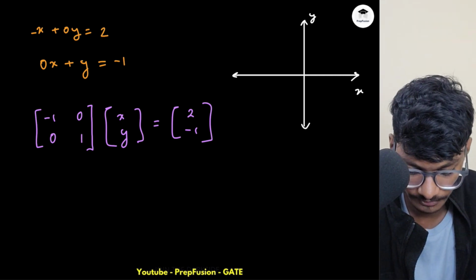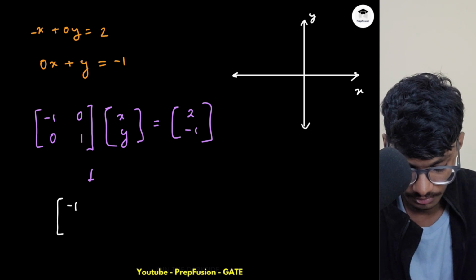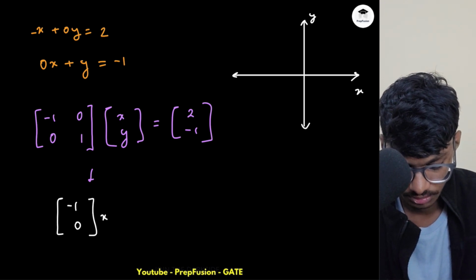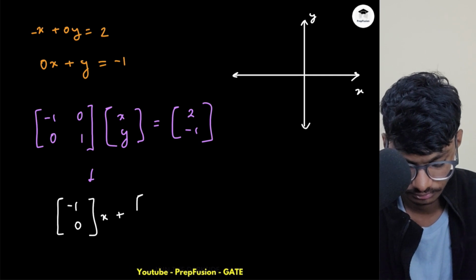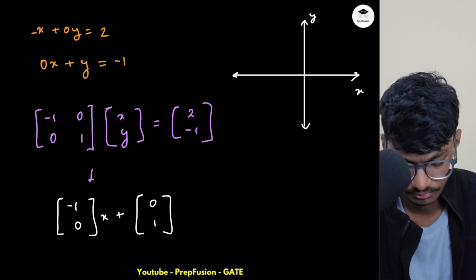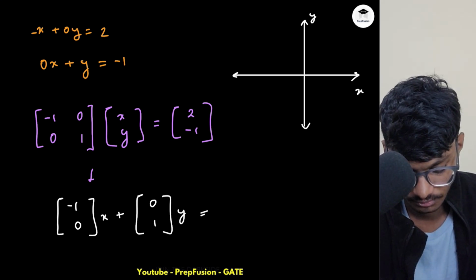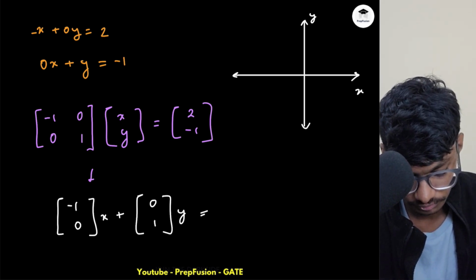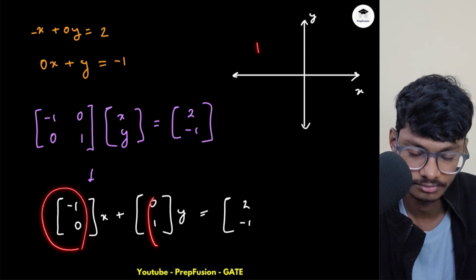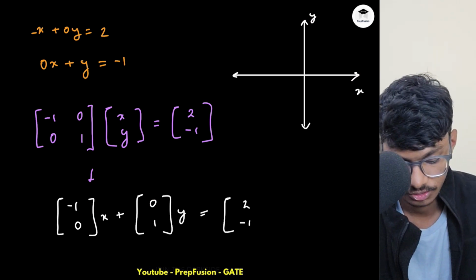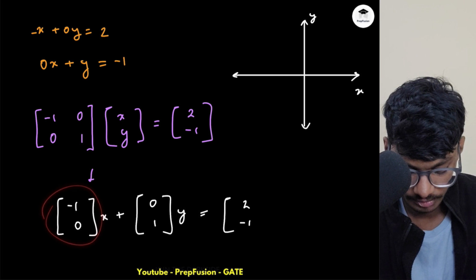Now we can write them individually, like this: minus 1 0 times x plus 0 1 times y equals 2 comma minus 1. Now if I write this in vector format and plot it in the graph, here I have one vector which is minus 1 comma 0.